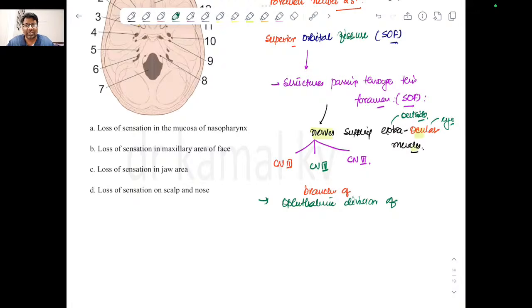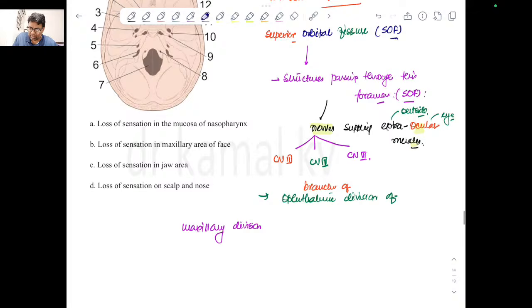Ophthalmic division. One cranial nerve has three divisions: ophthalmic, maxillary, mandibular. Yes. Can you tell me which nerve is that? Which cranial nerve is that? So, ophthalmic division, maxillary division, and the third one is mandibular division.